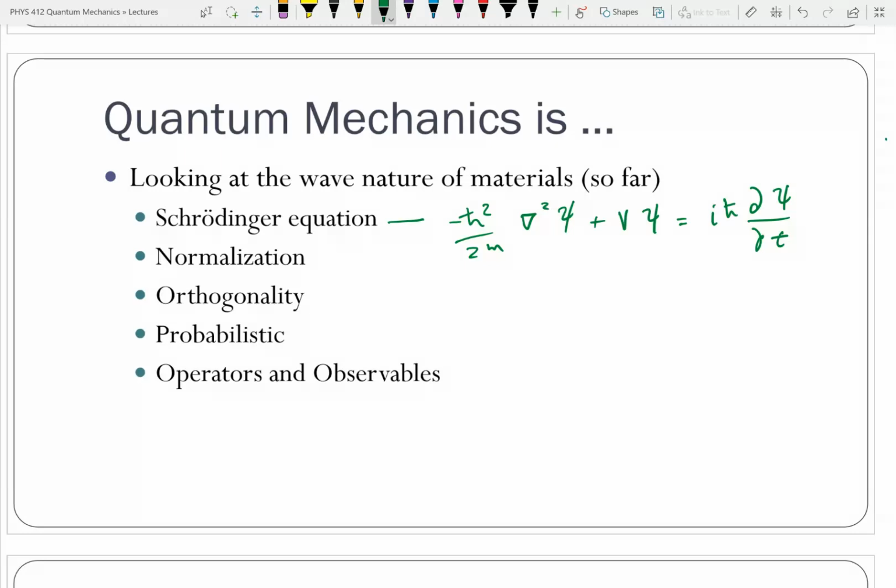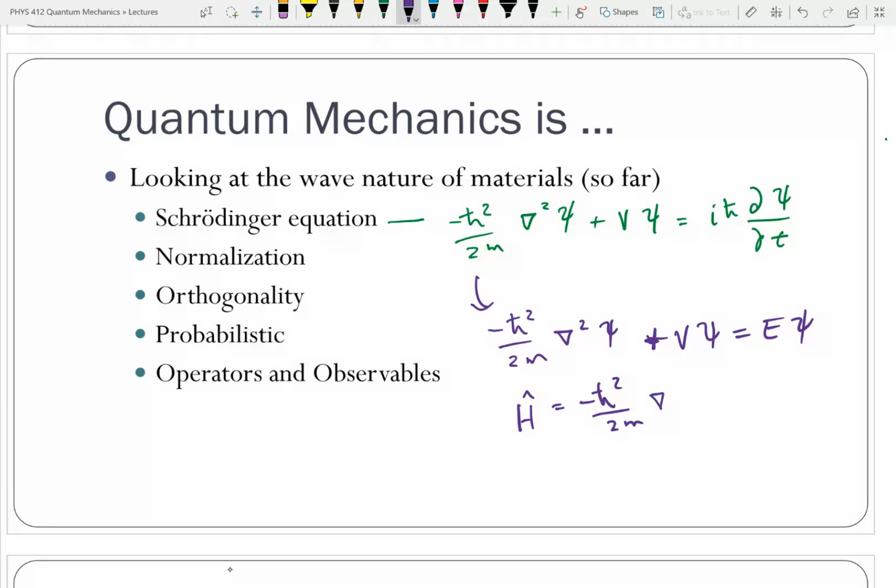And so we quickly went from that to this, where we have the Hamiltonian operator, which gives you the kinetic energy and, of course, the potential energy.